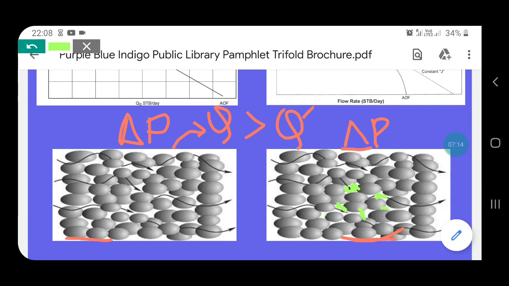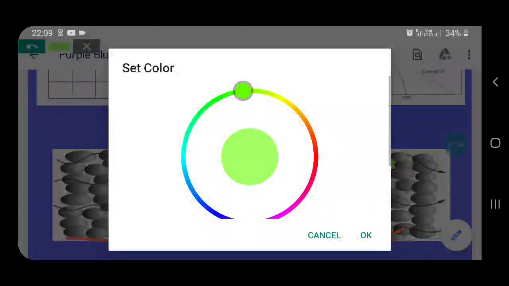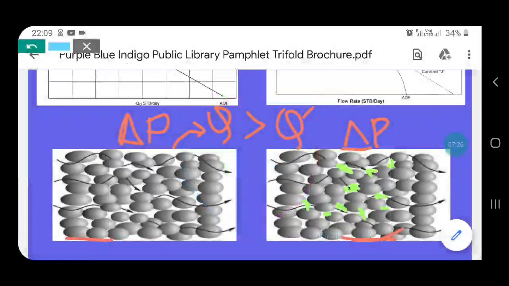dots represent gas saturation, and with the advent of gas saturation, they will occupy some amount of pore volume, and therefore when the pressure differential is applied, fluid will flow, but the fluid in this case will not flow as easily as it is flowing in this case, as it is not encountering any sort of restriction.